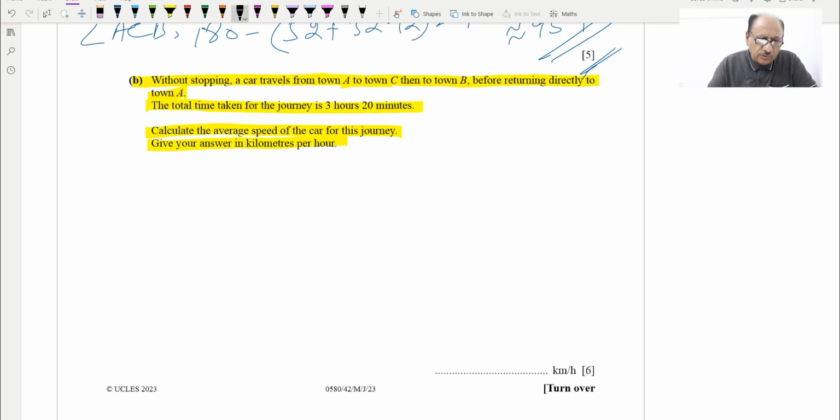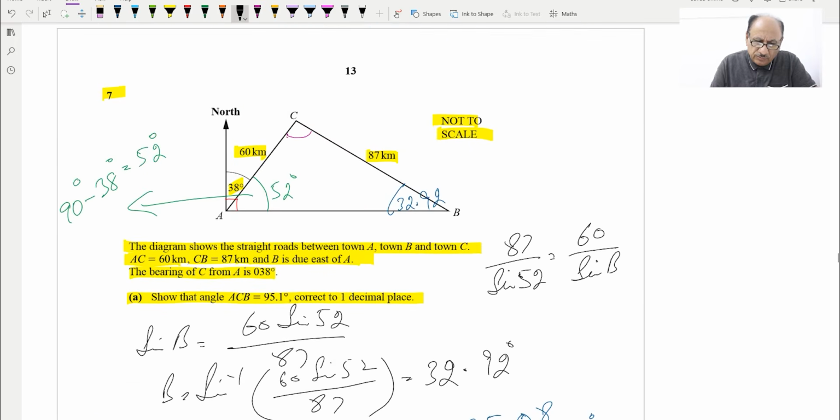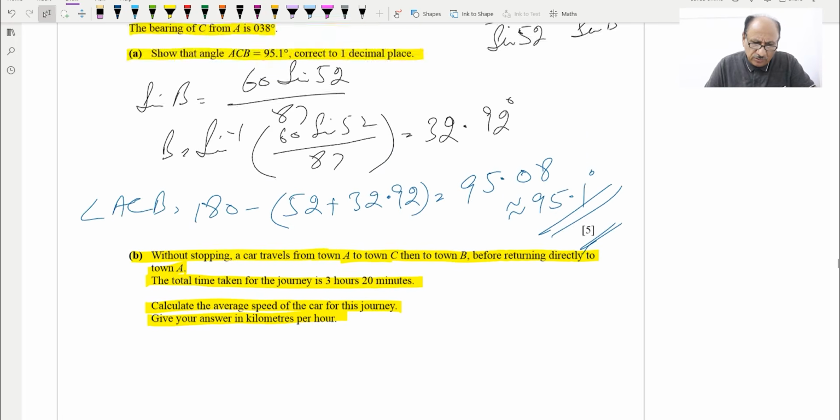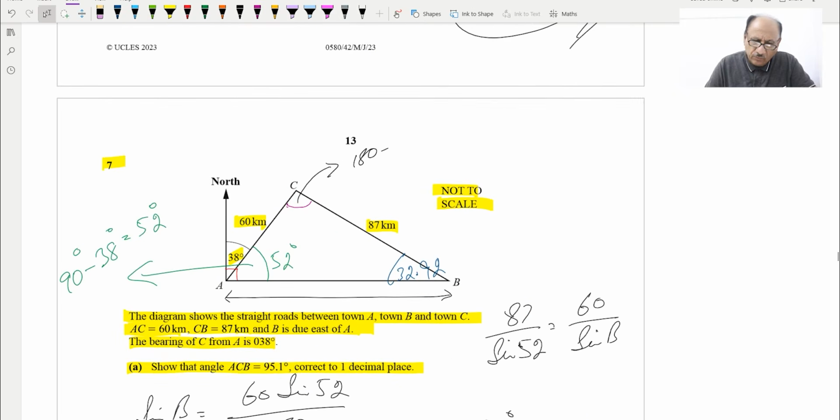So we basically need to calculate AB. This distance is required, which we can find by the sine rule. We can find this angle C, which is 180 minus, we have already calculated, I think, ACB. Yeah, ACB we have already calculated as 95.1.